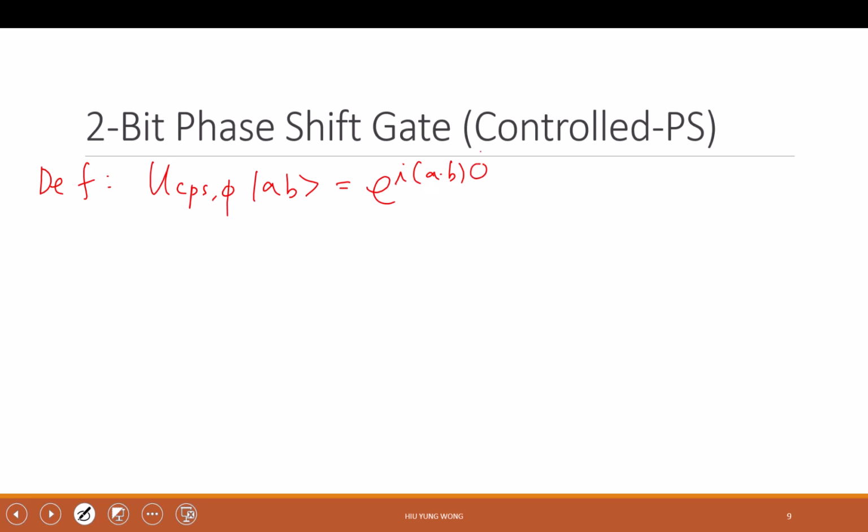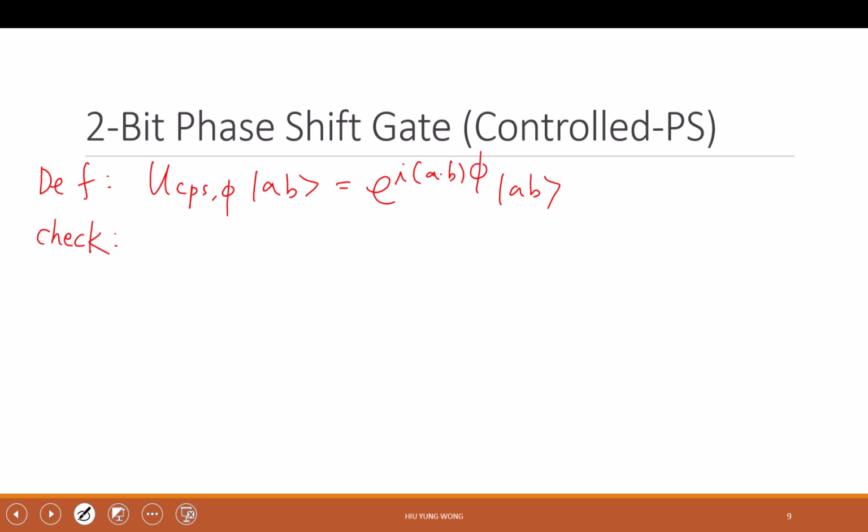So does this agree with what you just said? If the control qubit is 0, do nothing. If the control qubit is 1, apply the phase shift to the second qubit. We don't know yet, right? Maybe some already see it, but let's check.